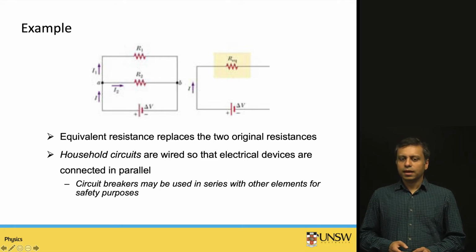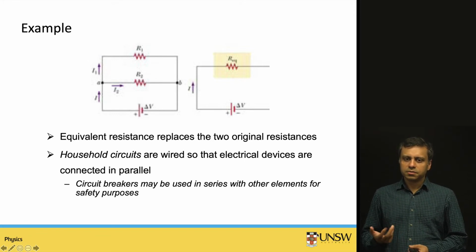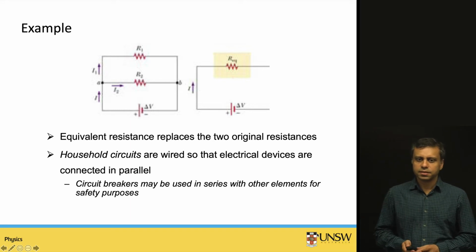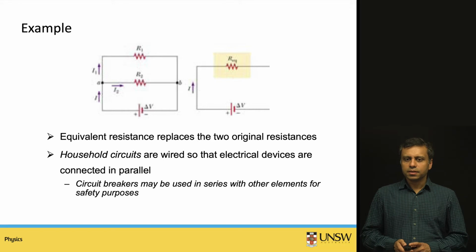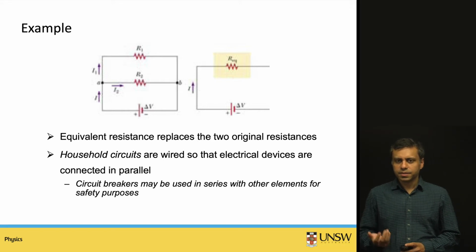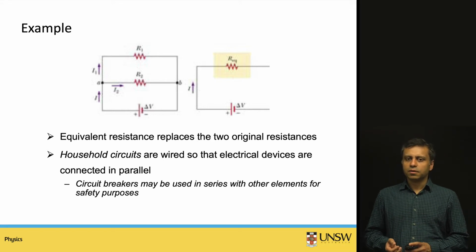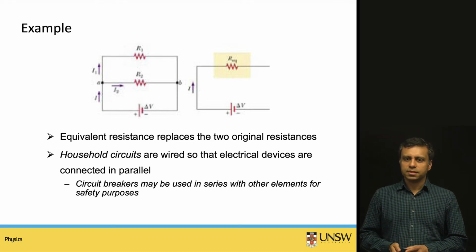You can switch one of the devices off and still have the other device on. So the parallel configuration is used in most electrical equipment and household circuits. Circuit breakers are useful in series combinations for safety purposes. If something goes wrong with the whole circuit, you want to break the current in all the devices, and then the circuit breaker could be placed in series with all the resistances.